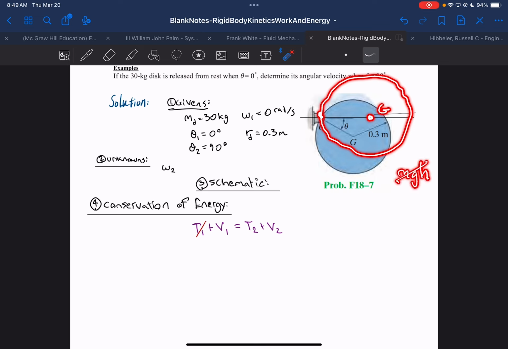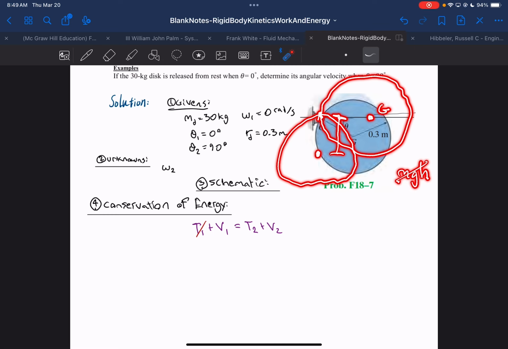So potential energy goes to garbage. But then in my state 2, my disk is going to come down here, and my G is going to be here. So my delta h is not going to be 0. It's going to be this distance right here. How do I know this distance? It's going to be the radius. Do you guys understand that it's going to be the radius? Do you guys see that?